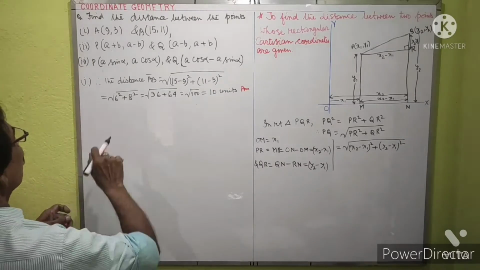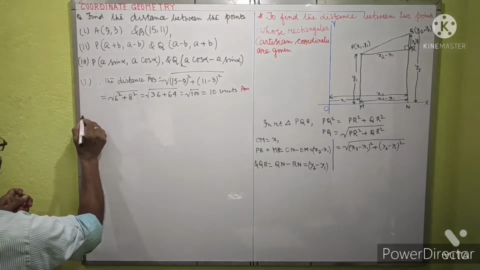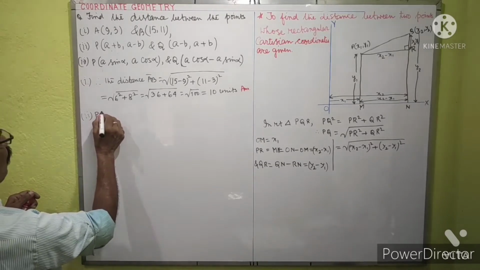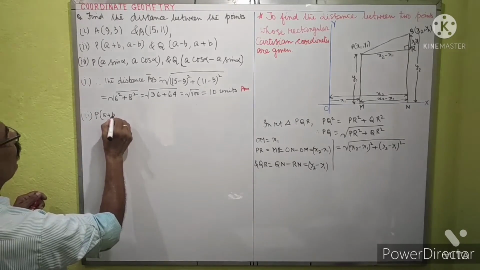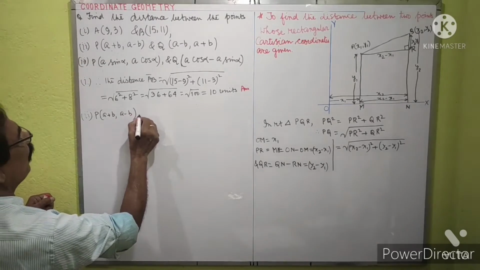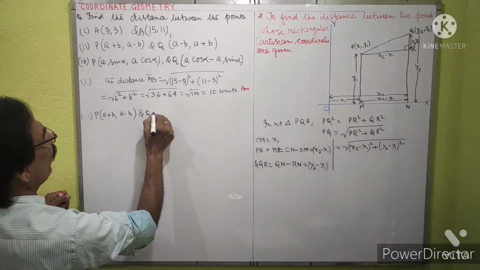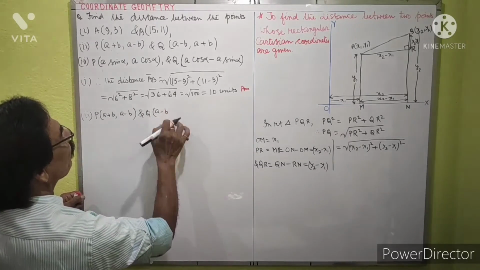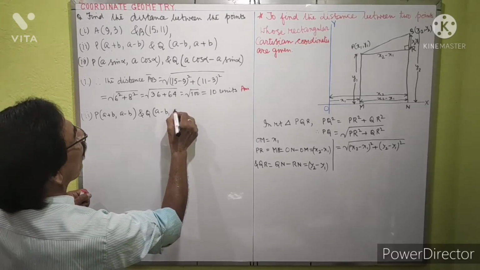Again, see number 2. It is given P (a plus b, a minus b) and Q (a minus b, a plus b).